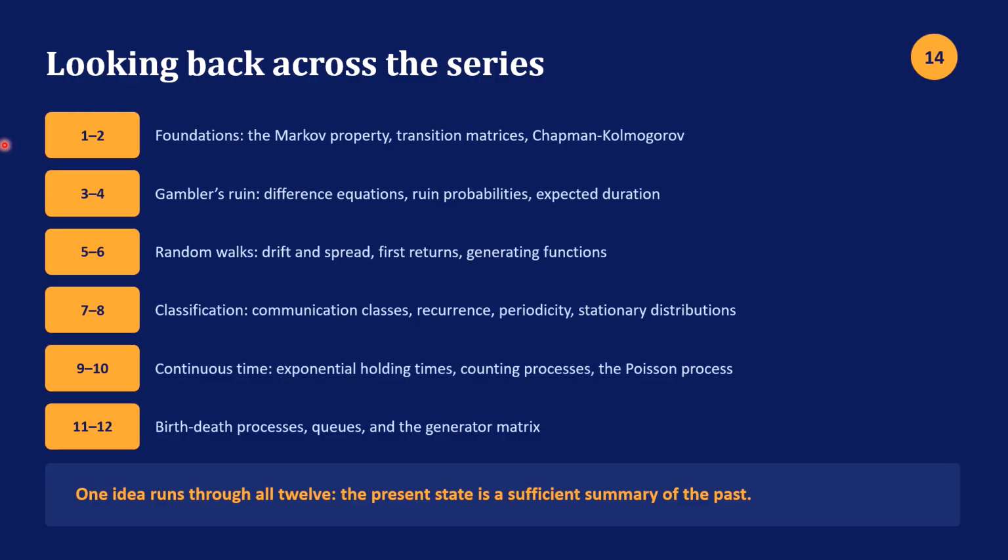So the first two lessons were foundations on the Markov property, transition matrices, and the Chapman-Kolmogorov equations. This was for discrete time, these equations here. As we saw in this lesson, there's also a continuous version. Then in lessons 3 and 4, we talked about gambler's ruin, where you had two gamblers.